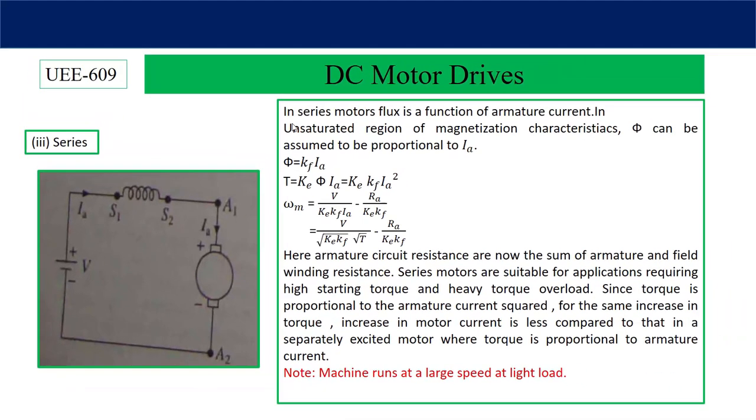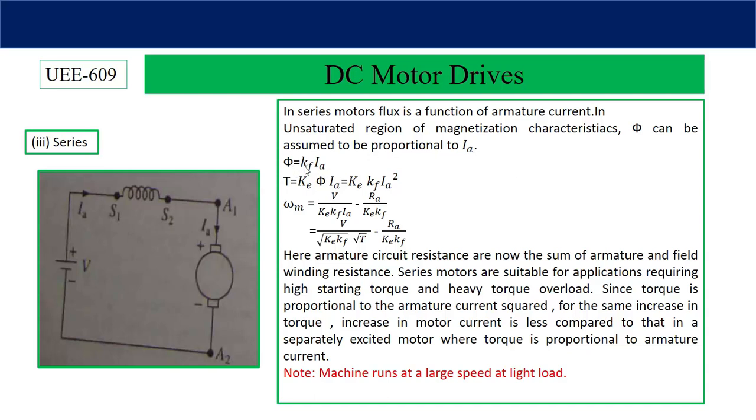So let's see, in series motor, flux is a function of armature current. In the unsaturated region of magnetization, or you can say linear region of magnetization, without saturating the core, or if we are operating our magnetic field in the linear region of psi versus current characteristics, phi is directly proportional to armature current.